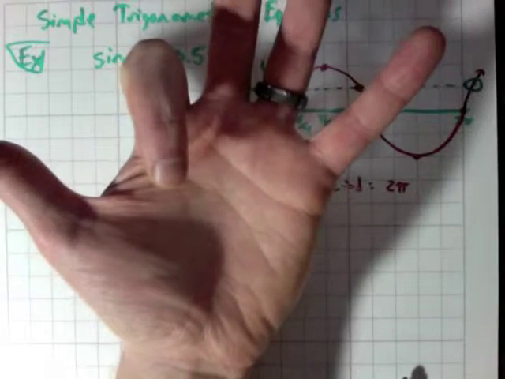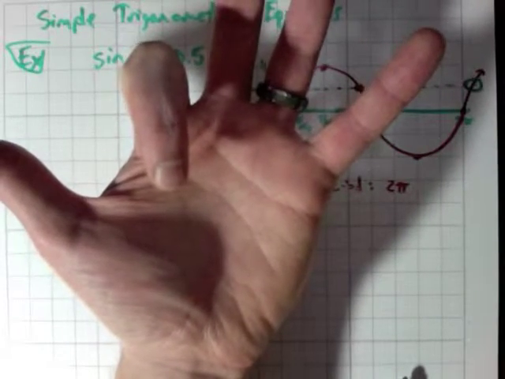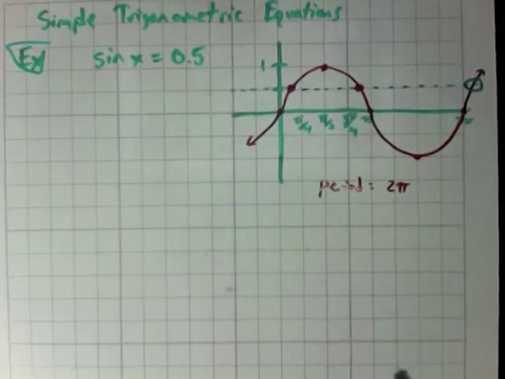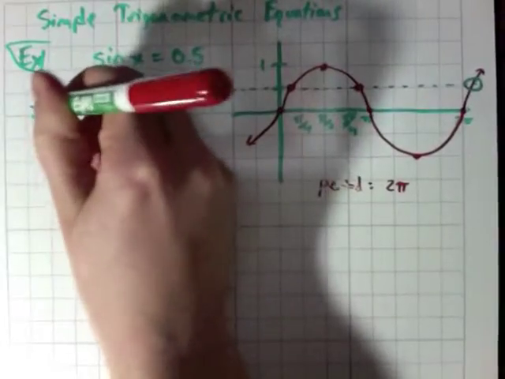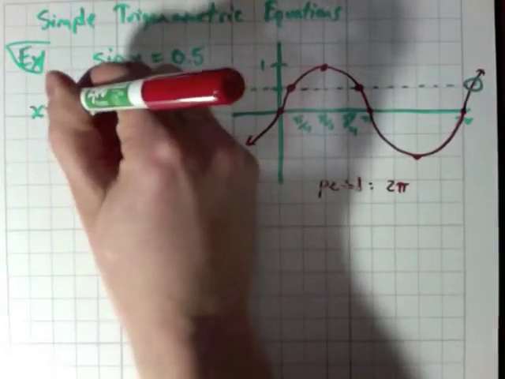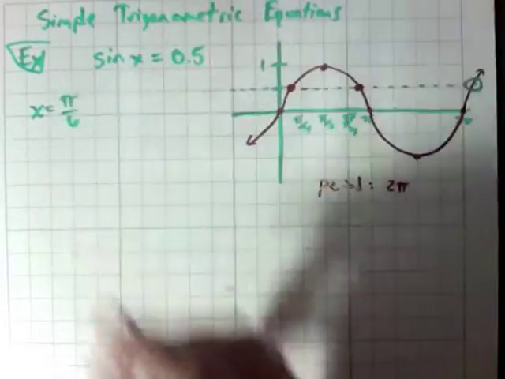This finger represents the 30-degree angle, or pi over 6. So I expect that x must equal pi over 6.